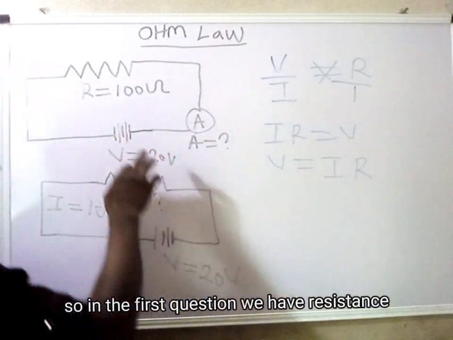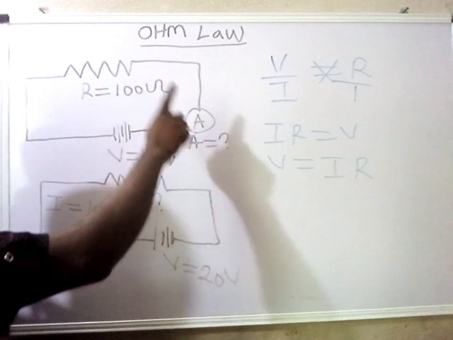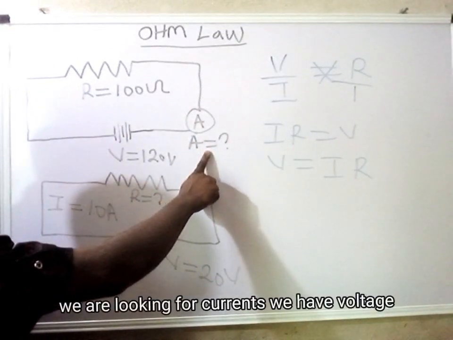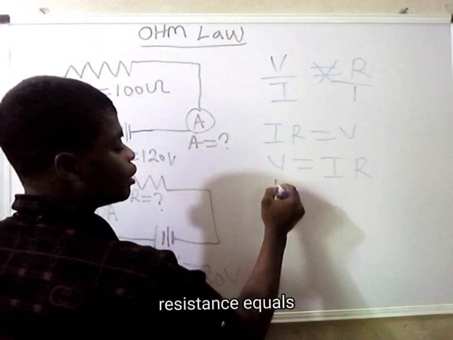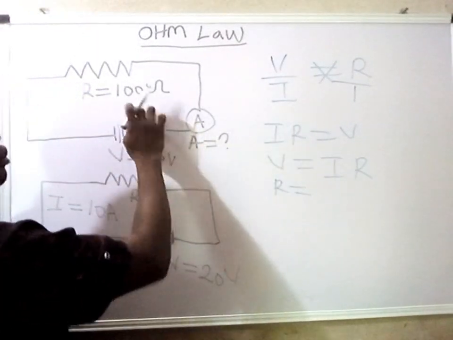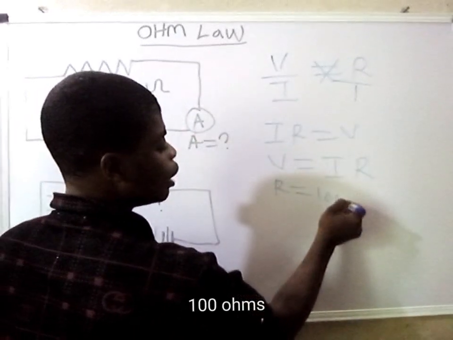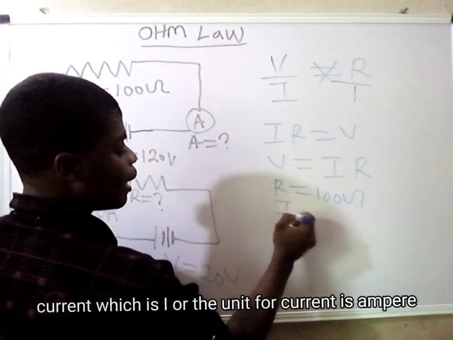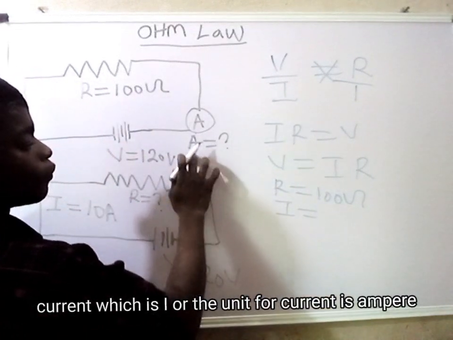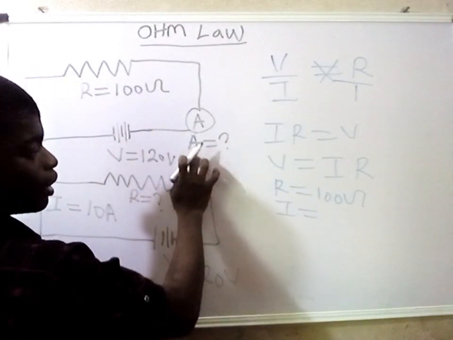So in the first question, we have resistance, we are looking for current, we have voltage. So we can say that resistance equals 100 ohms, current, which is I, the unit for current is ampere.